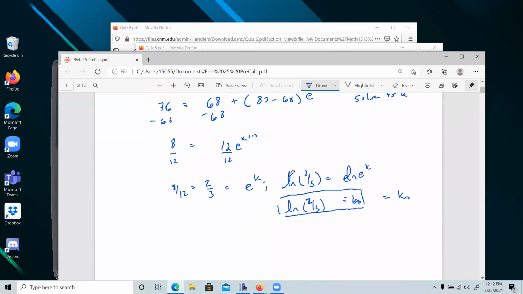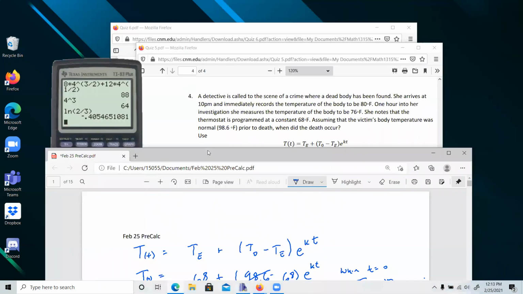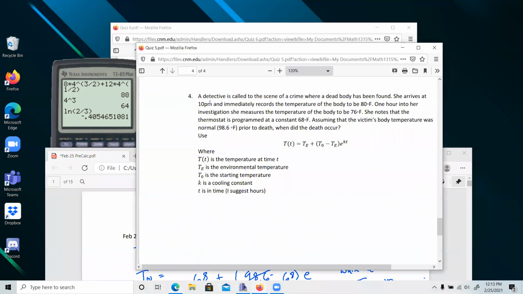By the way, the FBI does research into this, figuring out what the heat constants are for bodies in certain environments. They put them in trunks, cars, and things. So now we have to change things. We don't know. Oh yes, we do. So now we're going to figure this out.